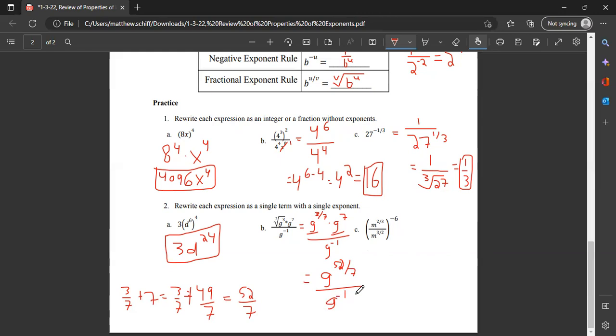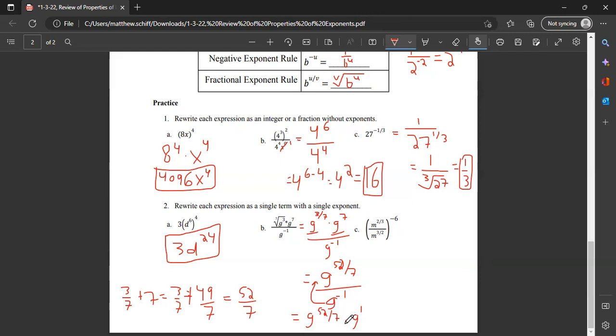Okay, the numerator looks pretty good. The denominator, we have a negative exponent. So that means g to negative 1 will be pushed back up to the numerator, and we turn the exponent into positive 1. So I have g to the 52/7 power times g to the positive 1 power. And then, again, I have equal bases, meaning I can add the exponents here.